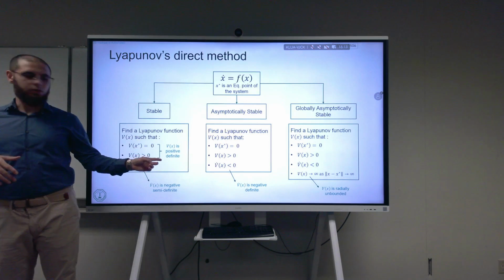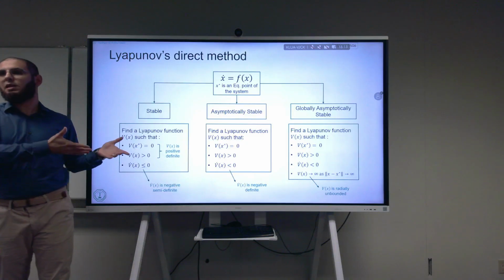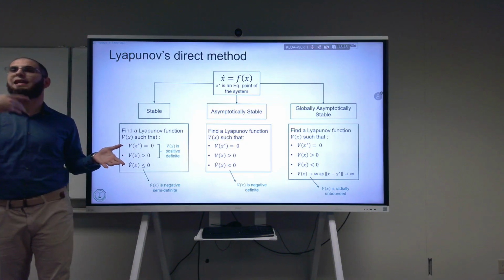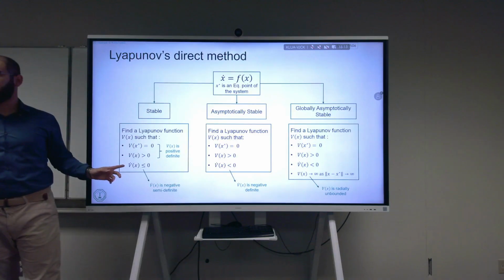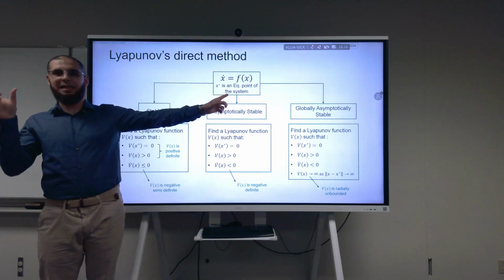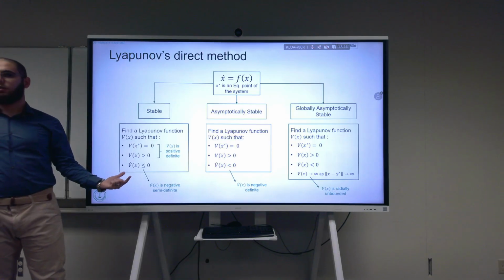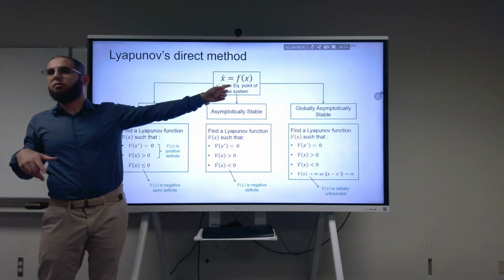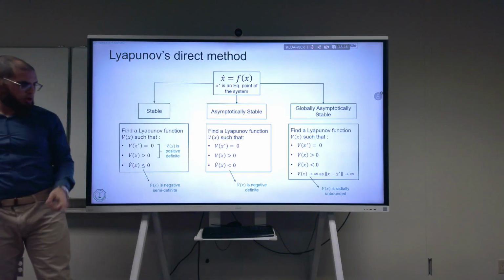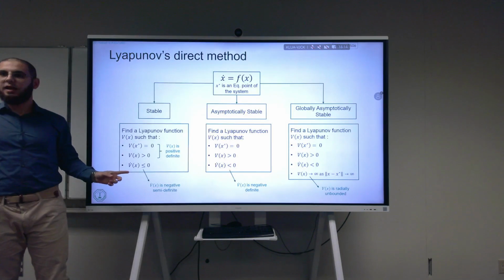But not any positive definite function is a Lyapunov function. We need to calculate the derivative of this function along the system dynamics. What do we mean exactly by that? That's next lecture, inshallah. V dot of x is evaluated when you plug in x dot equal to f of x. So you see the V of x is independent of the dynamics, but the V dot includes the dynamics.